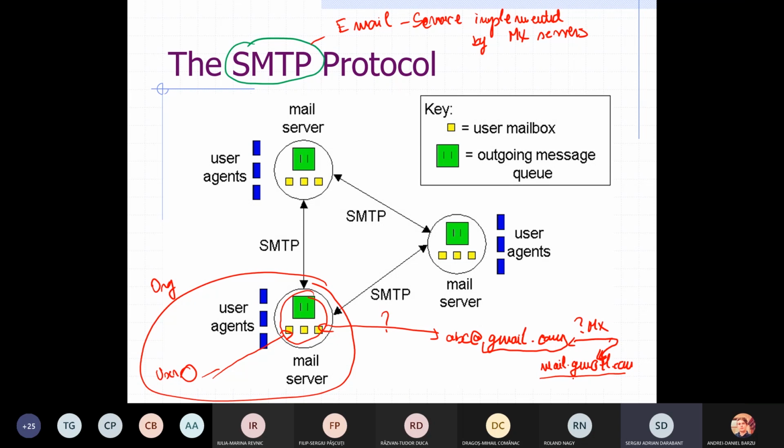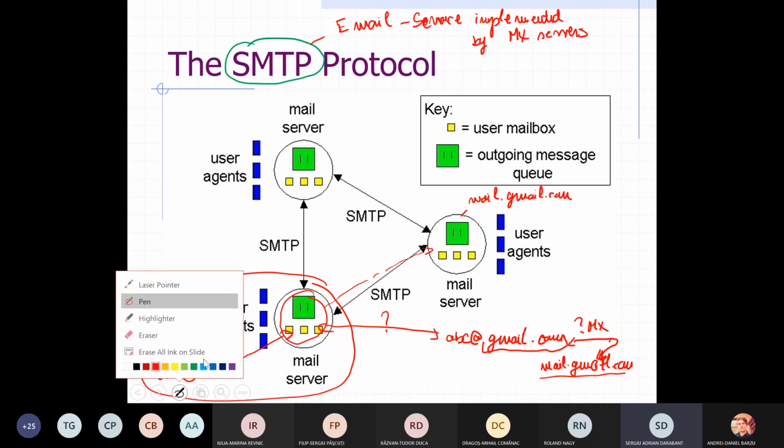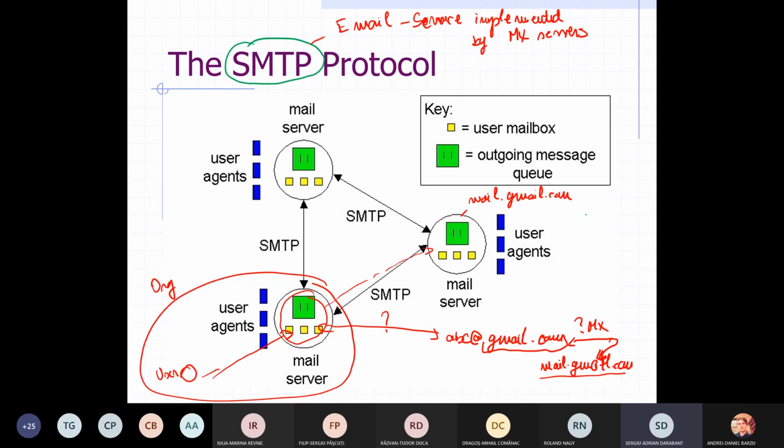It infers the mail server of the other domain, and supposing this one is mail.gmail.com, it will actually send the email to this email server, and this email server then will store it temporarily until some user on the other side, abc@gmail.com, will actually go and fetch that email.